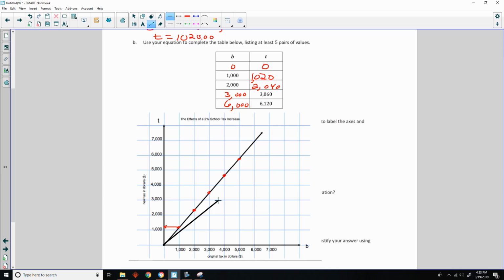And make it thinner. So, 7,000. 6,000 was 6,000. 120 is only about here. Let me do that again.